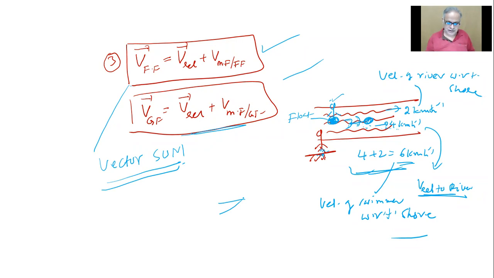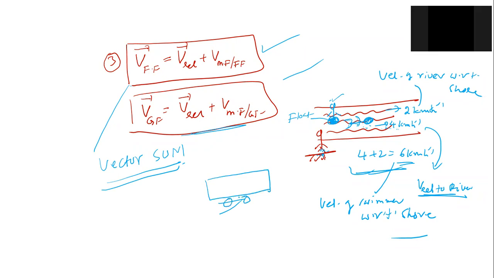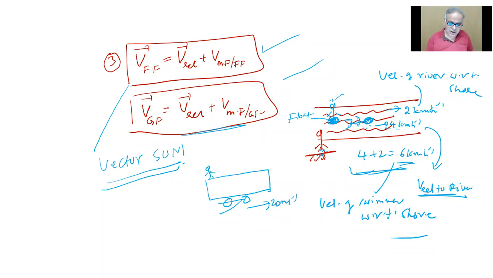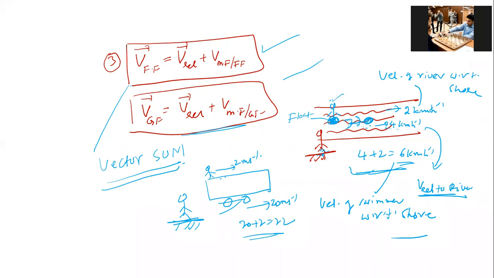Isn't it so? Like, for example, you have a train, a long train running. The train is going with, say, 20 meters per second. There's a stunt master here. He is running on the train with respect to the train with 2 meters per second. But I, standing on the road, ground, will say that the stunt master is going with 22 meters per second. But if the stunt master was going with 2 this way, I'll say the stunt master is going with 18 meters per second.